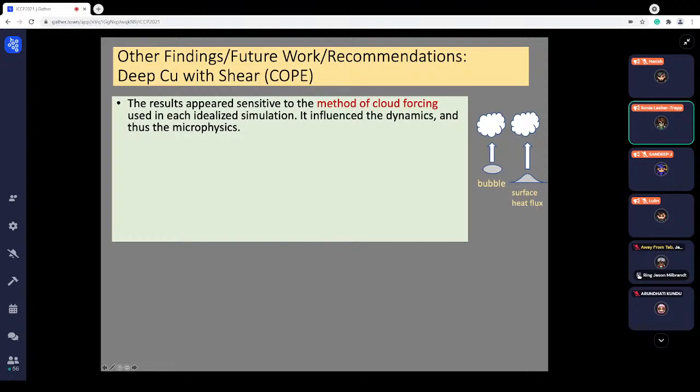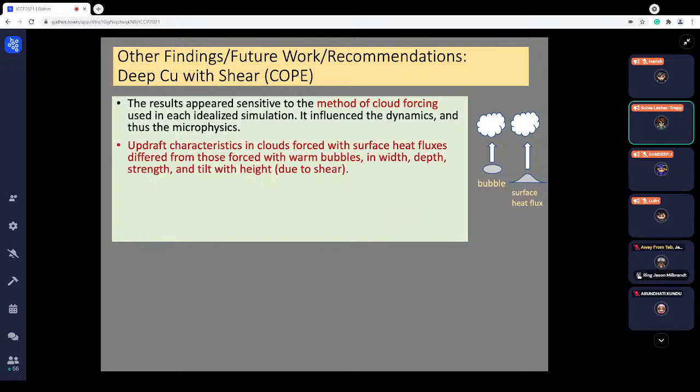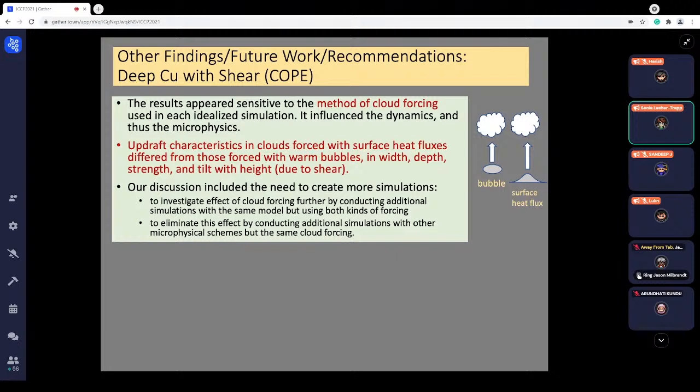But I think we all agreed that was not as successful as we would have liked, in that it actually greatly influenced the updraft characteristics in these clouds. They differed in width, depth, strength, and even the tilt with height from the shear. And so that really dominated the results.